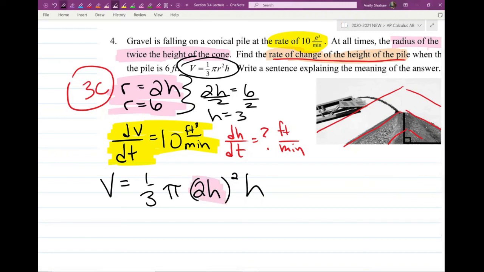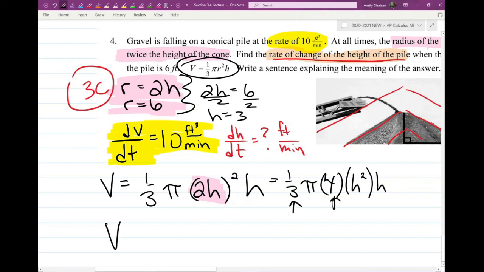And by the way, when I simplify this, I will get 1/3 pi, 2 squared is a 4, and h squared times h will be an h cubed. So eventually I will have a 4 times a 1/3, which is 4/3 pi h cubed.